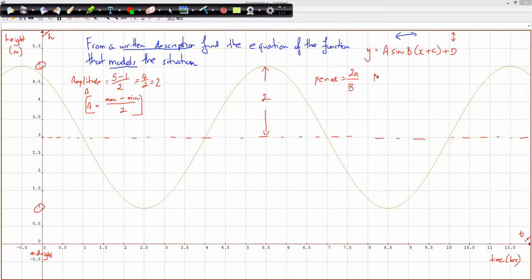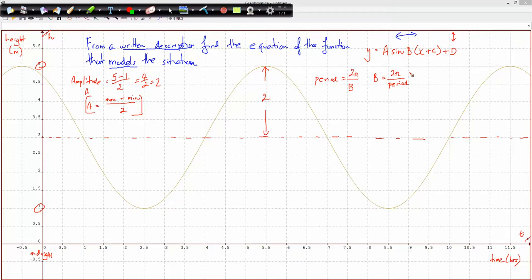Now if we turn that simple equation around a little bit and make b the subject, so instead of divided by b, let's move b to the side. So we've got b times the period equals 2 pi. So b would equal 2 pi divided by the period. Now remember, this would be true for sine or cosine.